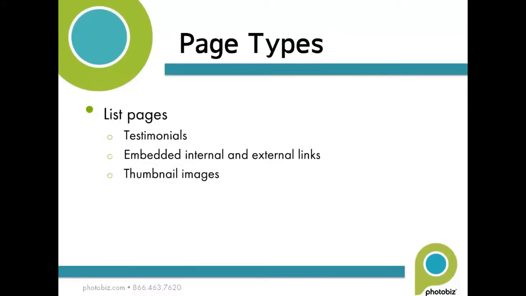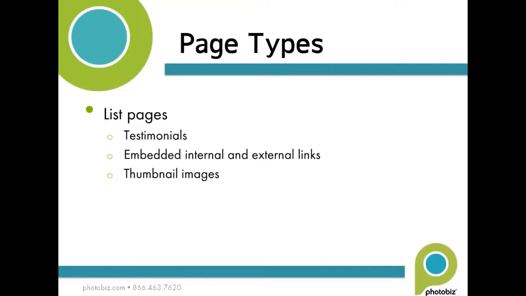Page types. This is another thing we've done to make it easier when you're organizing your website. In the former portfolio sites, we had 4 different types of sites. We had testimonials, embedded links, links pages, and list pages, and they're now called list pages only. A list page can work as a testimonial.